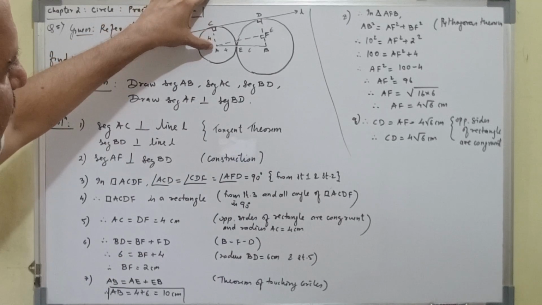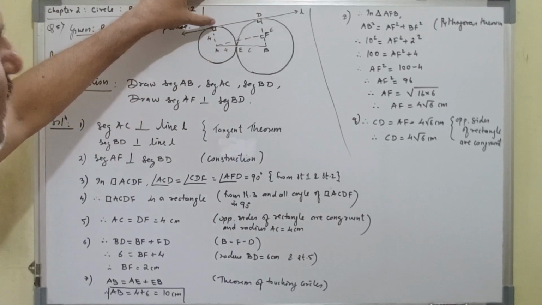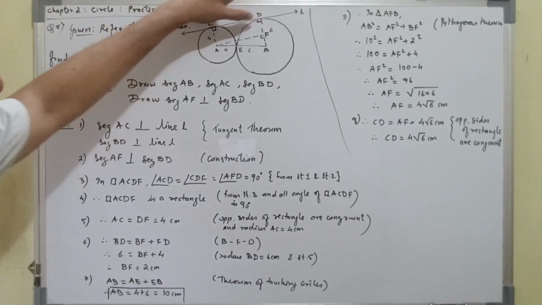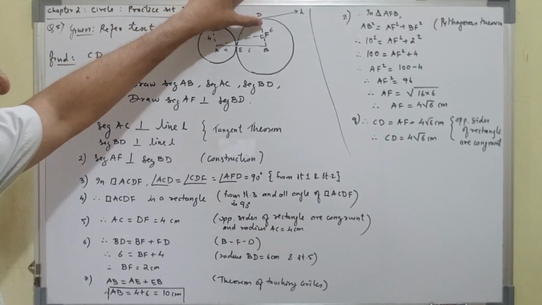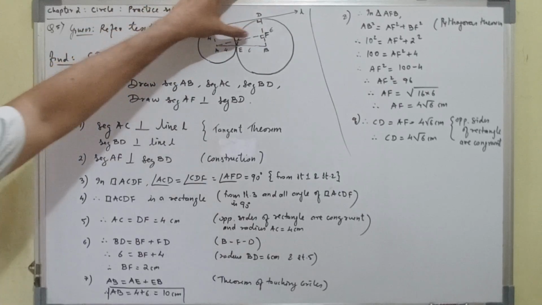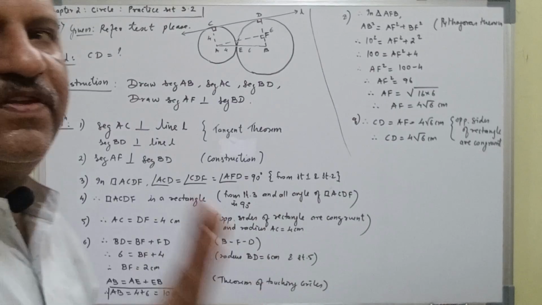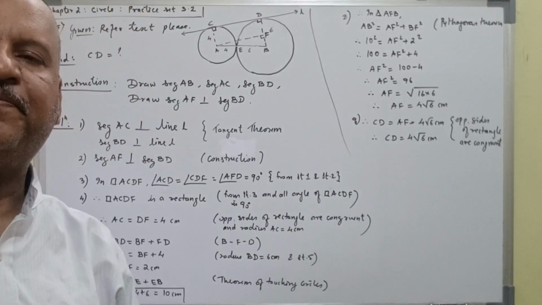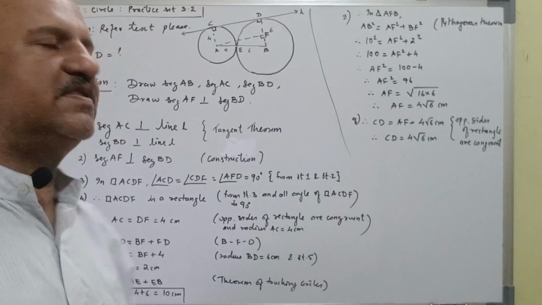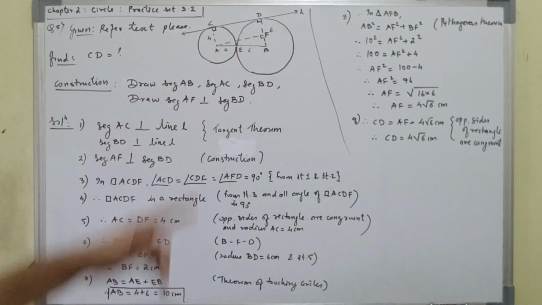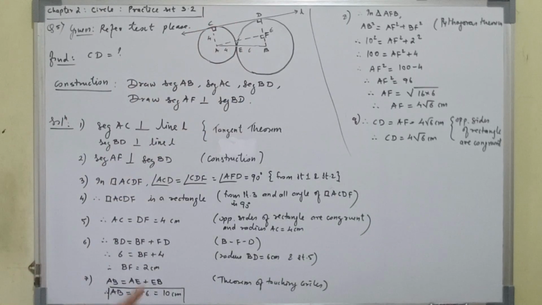See, in quadrilateral AFDC or ACDF, angle ACD is 90, angle CDF is 90, and angle AFD also 90 from statement number 1 and 2. Now, if three angles of a quadrilateral are 90, the fourth angle automatically becomes 90, and therefore this quadrilateral ACDF is a rectangle from statement number 3, and the fourth angle is also 90.